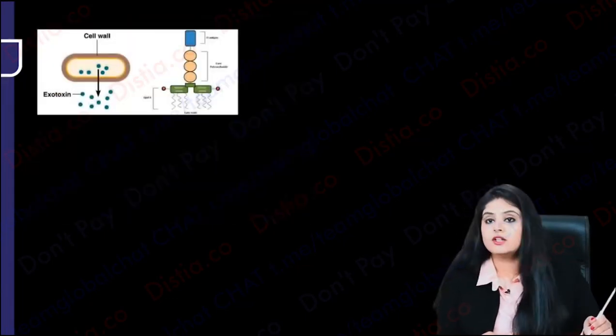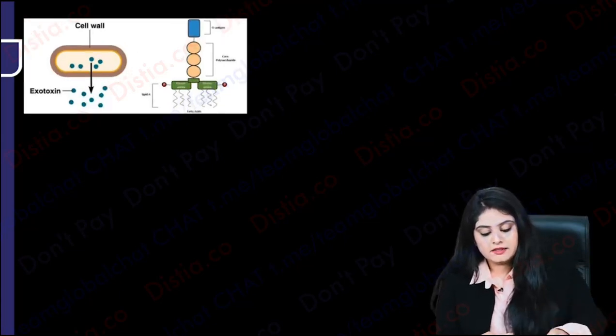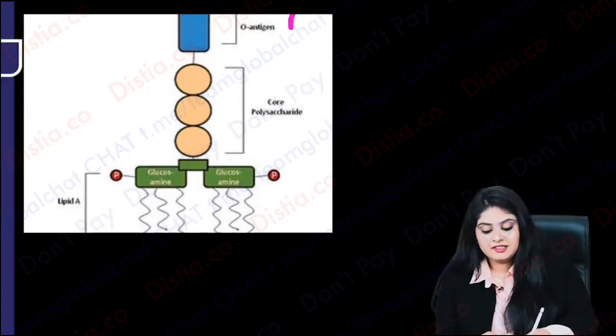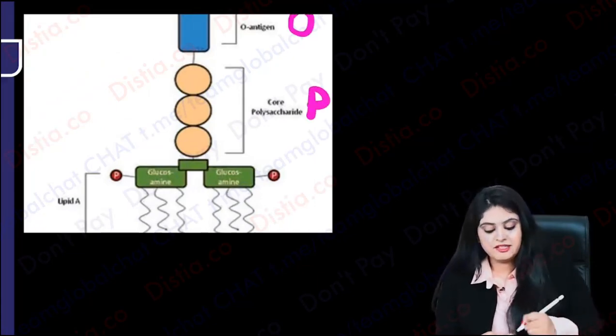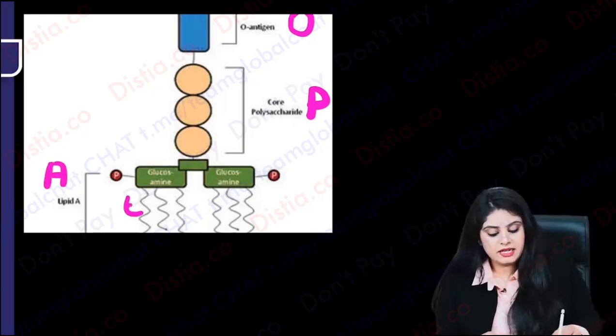If I show you a particular picture, you can appreciate that if I enlarge this, you'll say, ma'am, I can see the O antigen, I can see the polysaccharide, and I can see the lipid A. You had told us that lipid A is the part which is lethal, that contains the endotoxin.